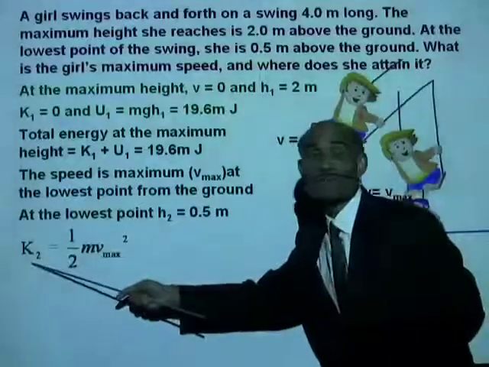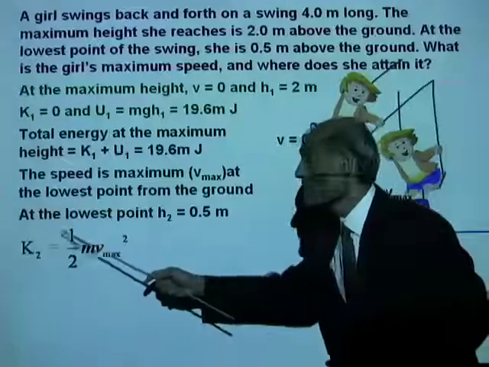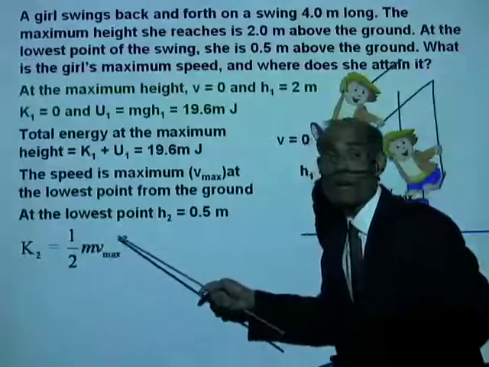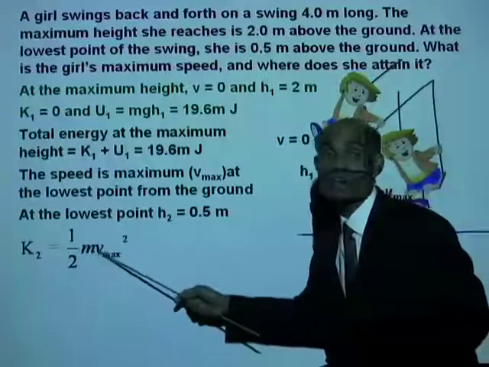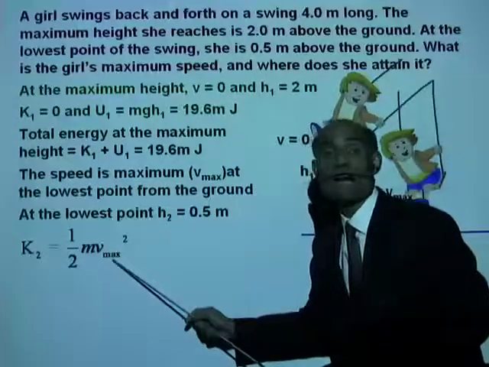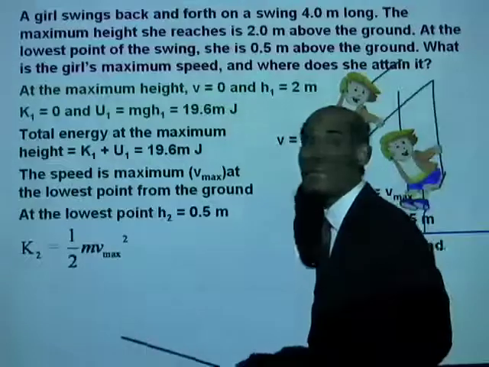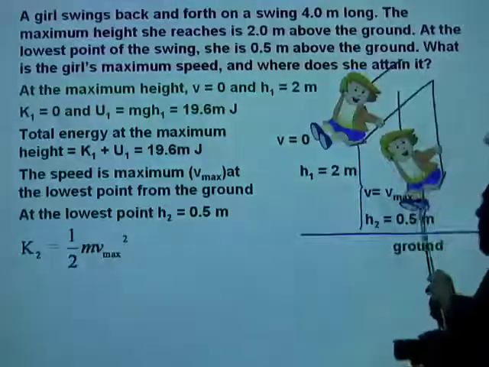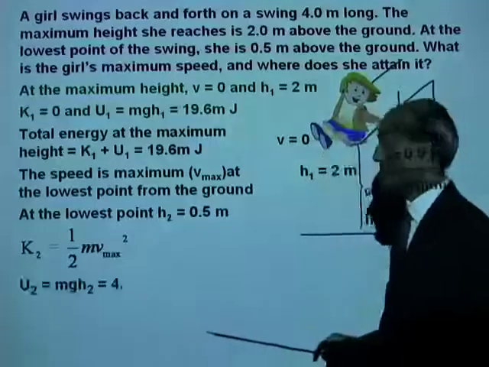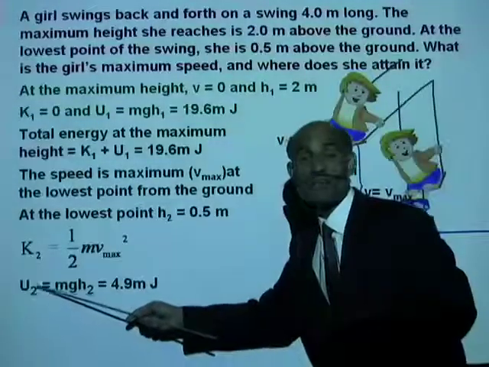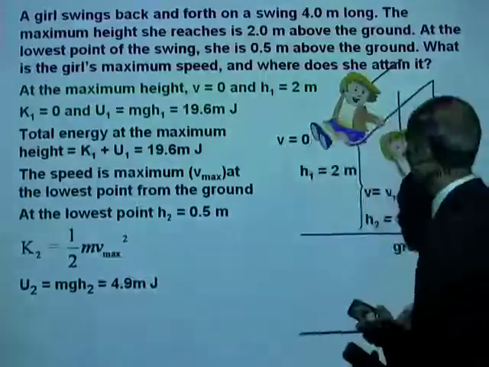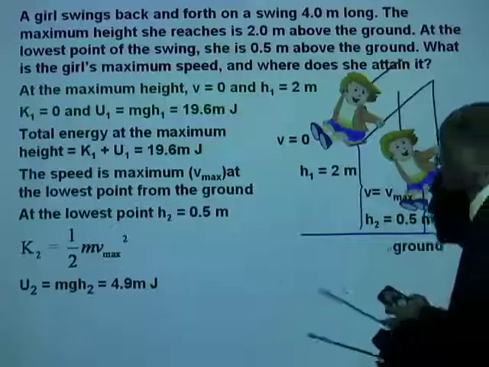If K2 is the kinetic energy there, that K2 will be 1/2 m v max squared. The velocity there, or the speed there, is the maximum speed, and I'm going to call it v max. So the kinetic energy K2 at the lowest point is 1/2 m v max squared. The potential energy at that point is mgh2, and what is mgh2?